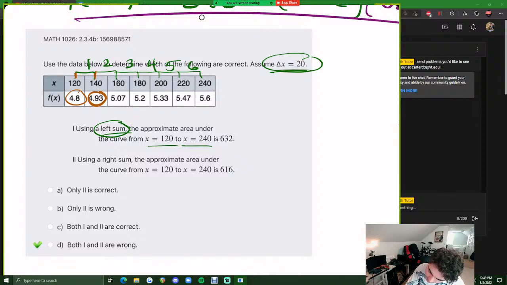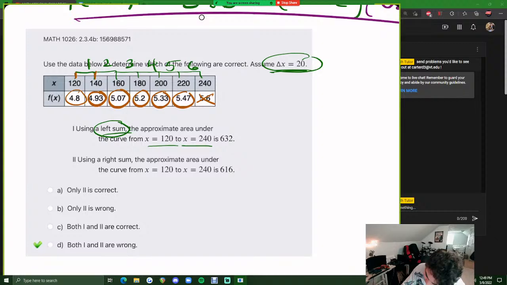And if we keep just using the left side for all 6 rectangles, that means we end up leaving off this rightmost value. So for a left sum, you use all the heights of all the left values and then you leave off the rightmost y value, or rightmost height value.